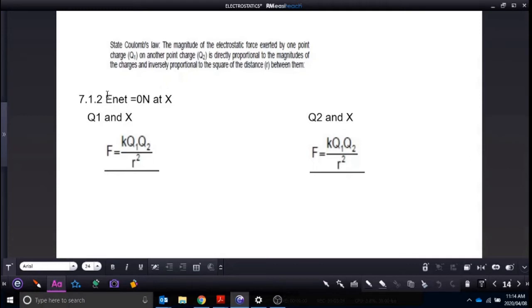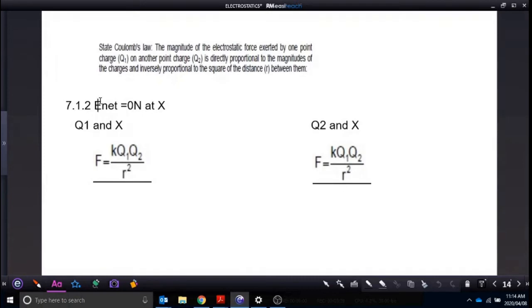Sorry, I've made a mistake here. The net force is 0. So let's just put in the rest now.